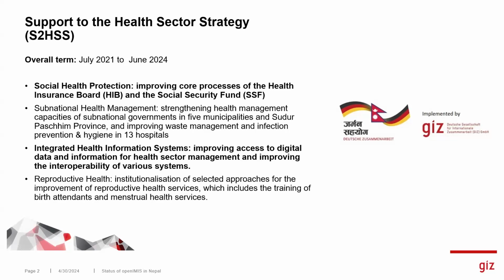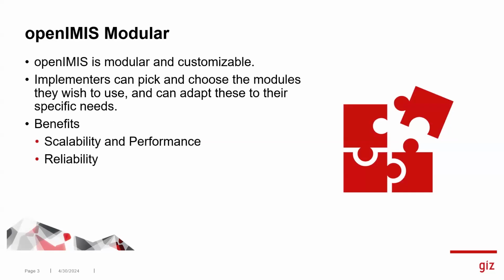Under these 2 topics, social health protection and integrated health information system, we are supporting directly the Health Insurance Board and Social Security Fund to improve their core processes and then improve digital data and information interoperability. As already shared by Suresh, Kalu and Dr. Roshan, OpenEMIS is a modular system which is customizable, and it has a different way of doing things.